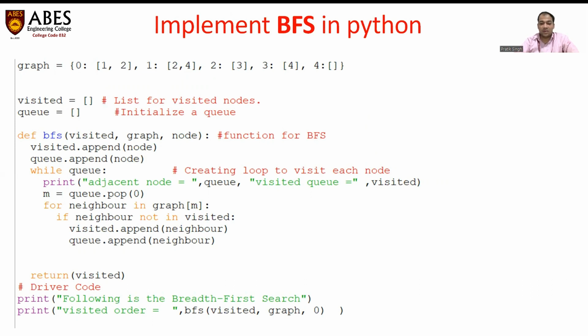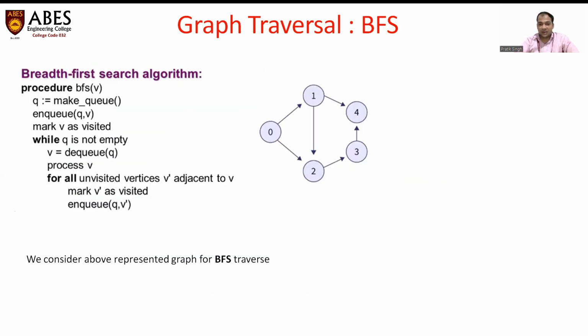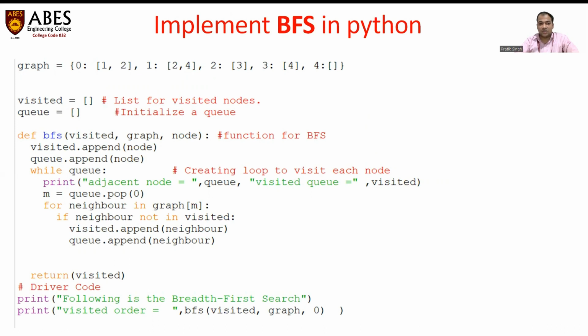In the previous example you clearly see that 0 is connected to 1 and 2. So 0 has two values, 1 and 2. 1 is connected to 2 and 4, 2 is connected to 3, 3 is connected to 4, and 4 has no outgoing edge, so 4 has no value. Now we consider two queues, that is visited and queue.